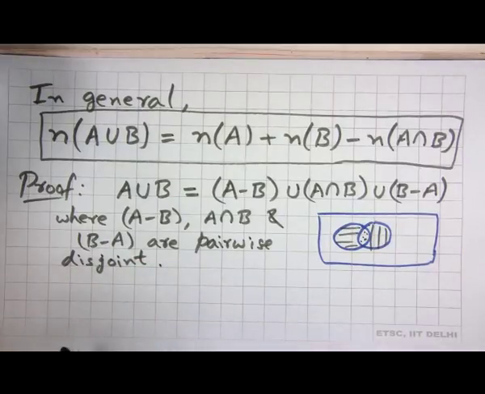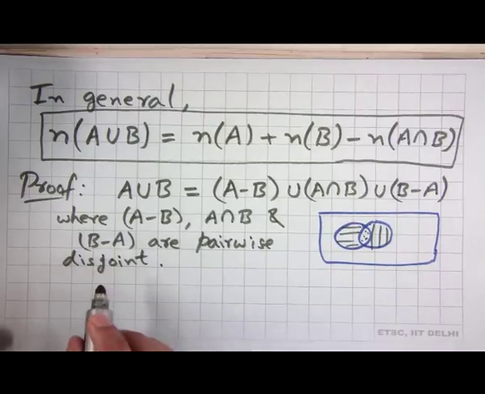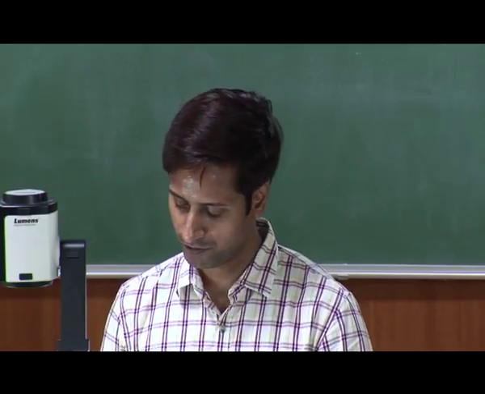Now, we know that for disjoint sets the number of elements in the union is the sum of the number of elements in each of them.